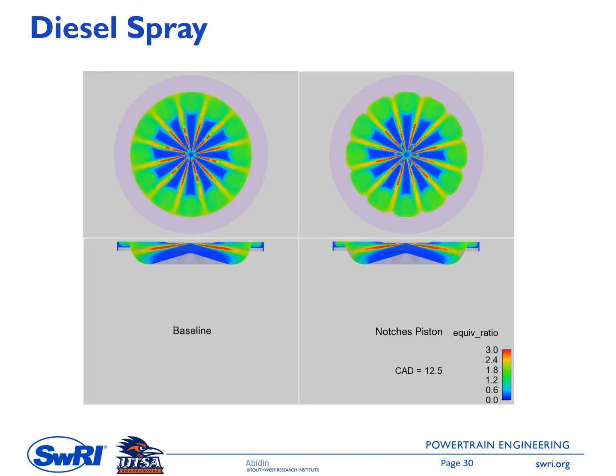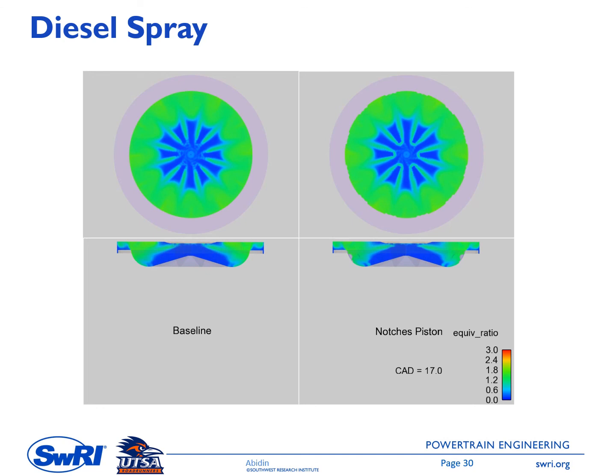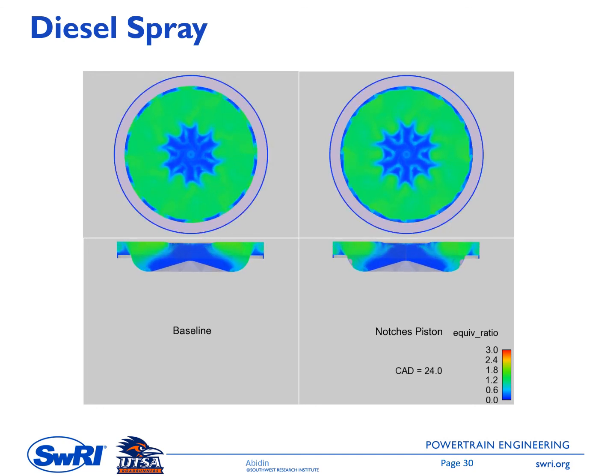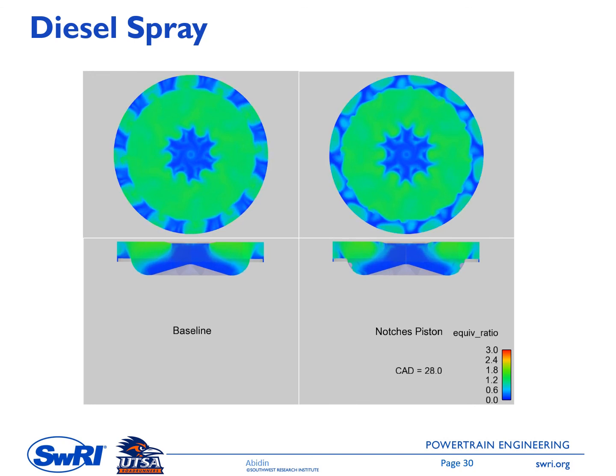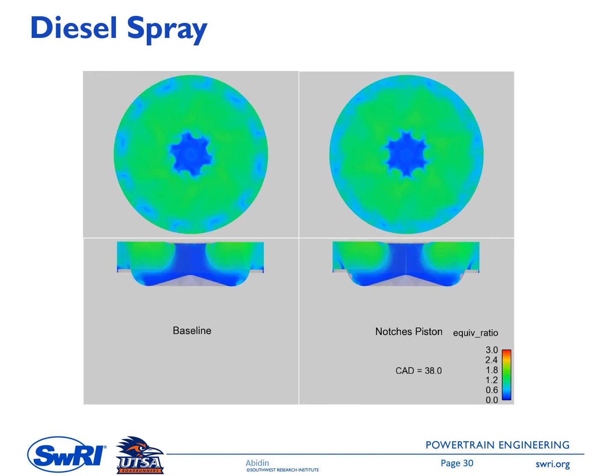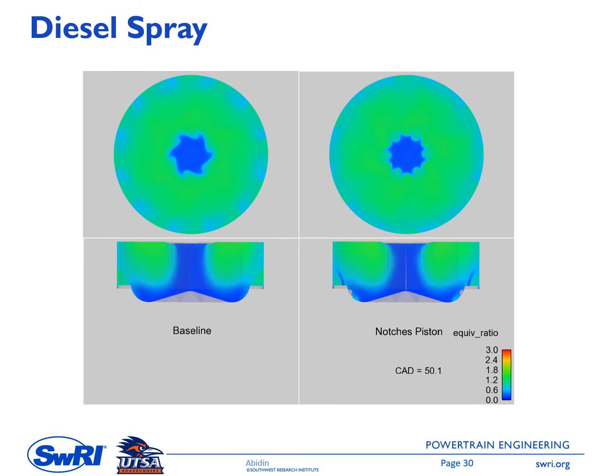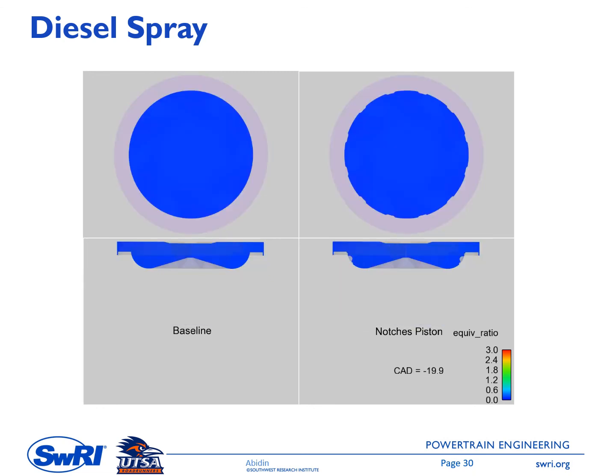So this is an example of research in diesel engines to design a piston for better combustion performance. And the piston is moving down toward bottom center.